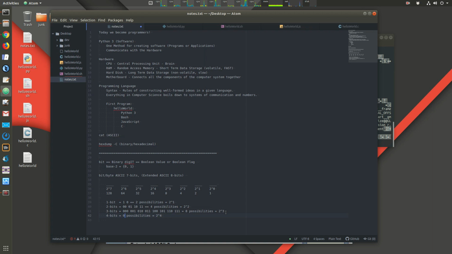0000, 0001, 0010, 0011, 0100, 0101, 0110, 0111, and we have 8 so far, right? And if you look here, this is basically the same numbers that we have for our 3-digit numbers.